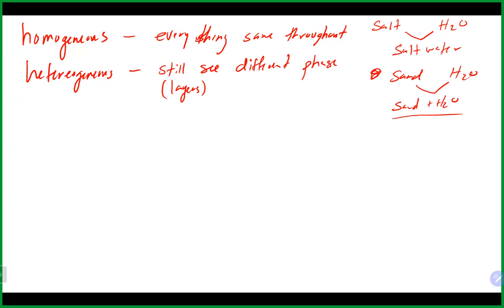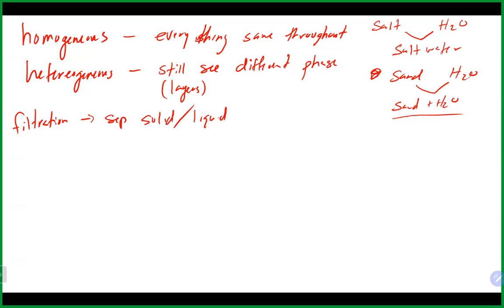Now, remember, regardless of the type of mixture, regardless if it's a homogeneous or a heterogeneous mixture, you can separate them out. So filtration we talked about is done to obviously separate a solid from a liquid. That's a good way of doing that.